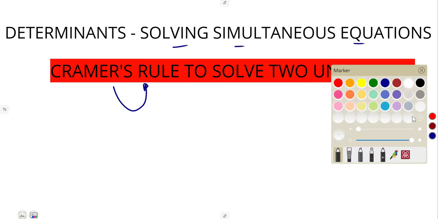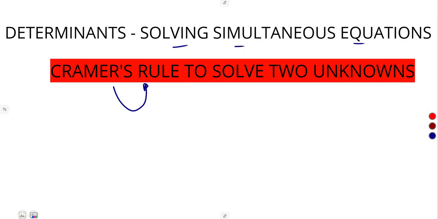Remember, when given simultaneous equations for two unknowns, you'll be given two equations with what? Two unknowns. That is the concept.